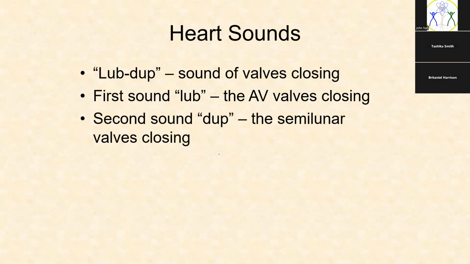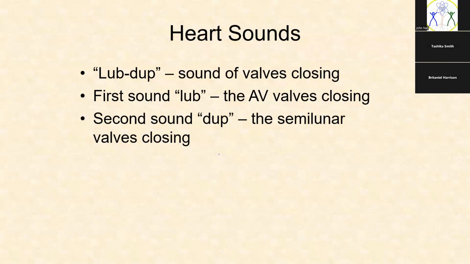Now, when the ventricles relax, they're no longer squeezing blood out. The blood in the pulmonary trunk falls back and smacks into the pulmonary valve. Blood from the aortic side, the blood in the aorta, falls back, smacks into the aortic valve, and you get sounds from that.